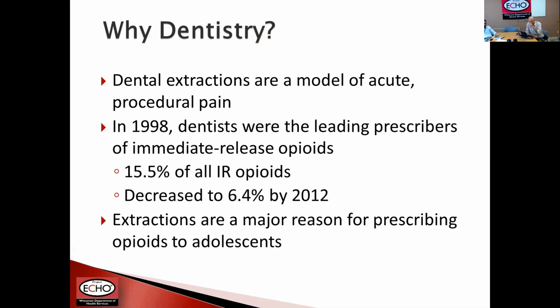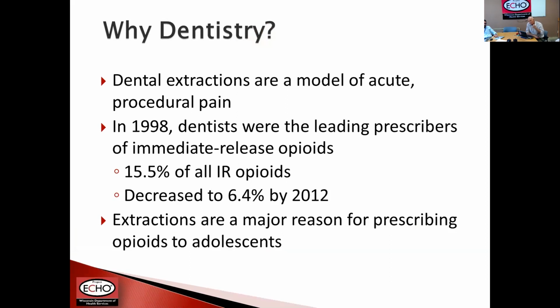So these are rather painful procedures that have an expectation of somewhat standardized extent and duration of pain. And this is where our equivalence tables have come from.